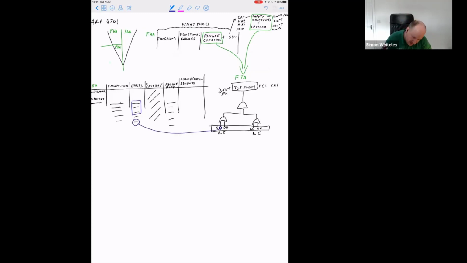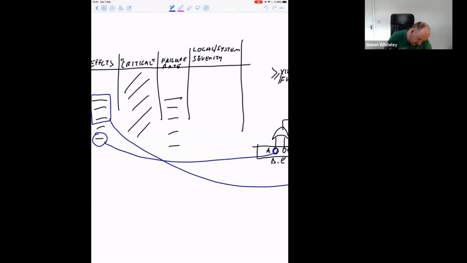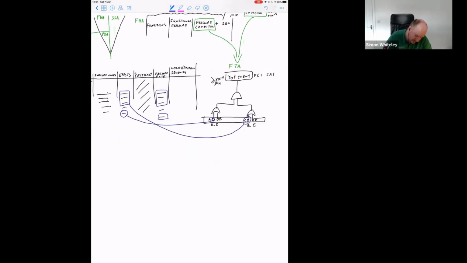Or they might be a group of failure effects, and you might group them like that. You'll notice that these are the effects, but clearly you've got failure rates associated with it. So this is where you get your failure rate numbers from that would then feed into the fault tree analysis.